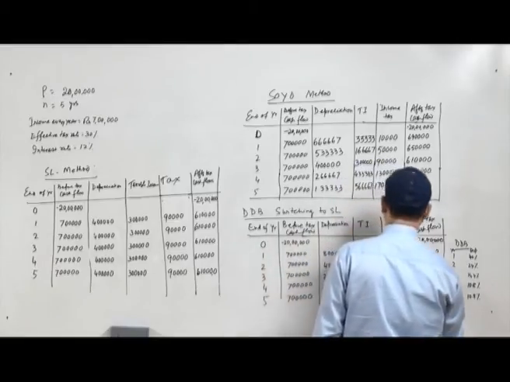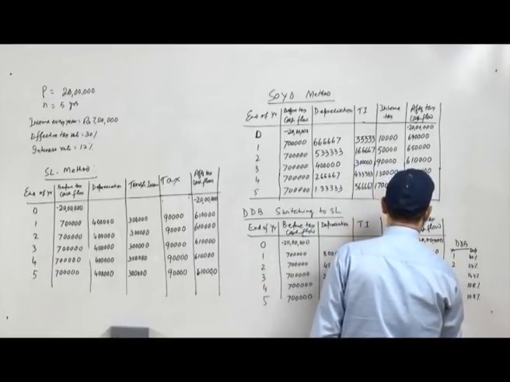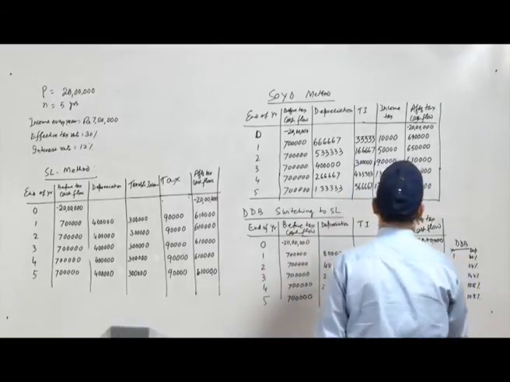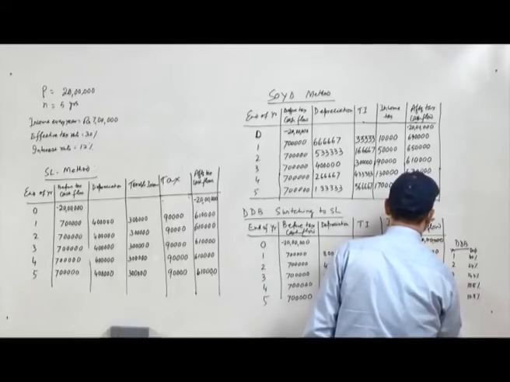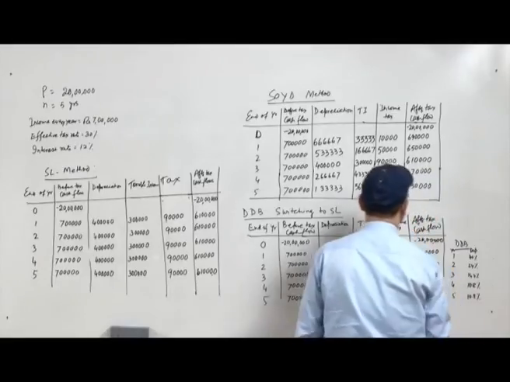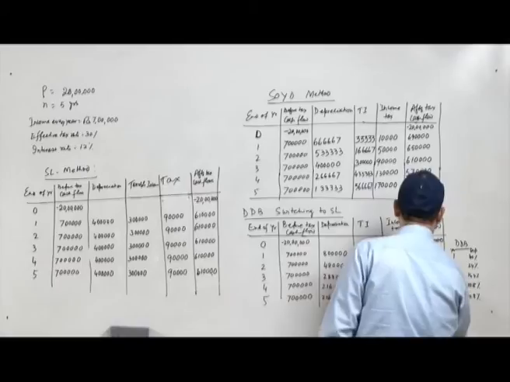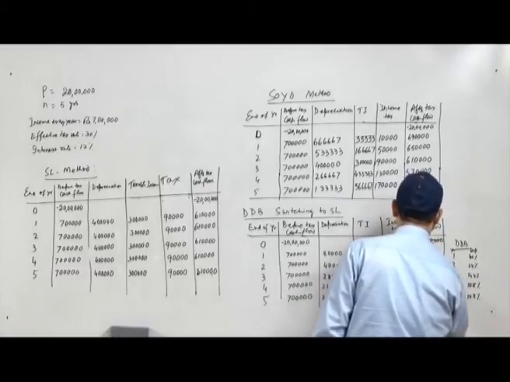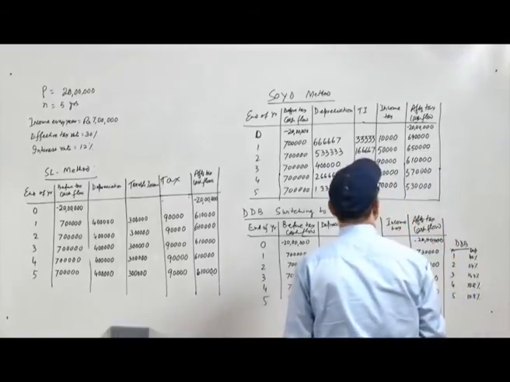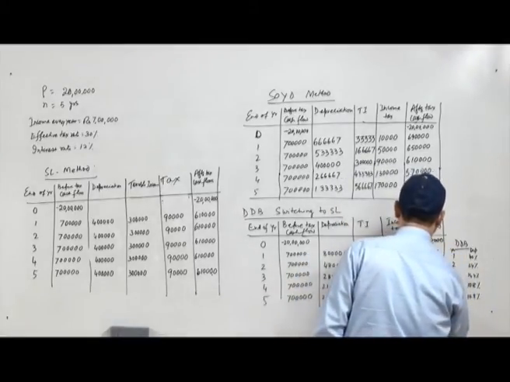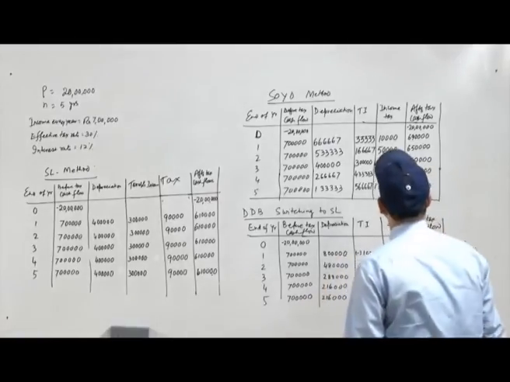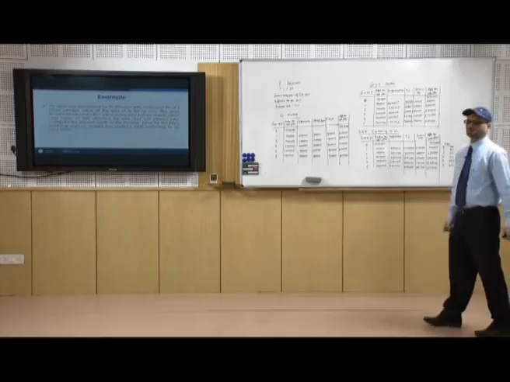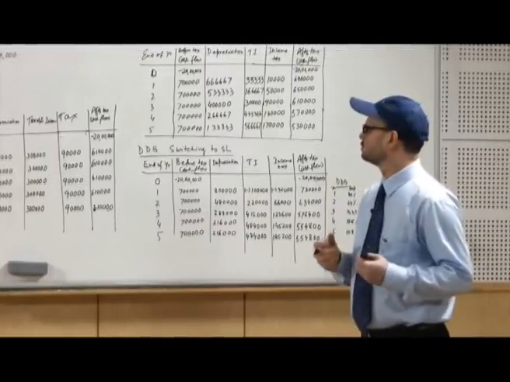You have 5 lakh 76,400, then 5 lakh 54,800 and 5 lakh 54,800. So this is how the depreciation schedule looks like.